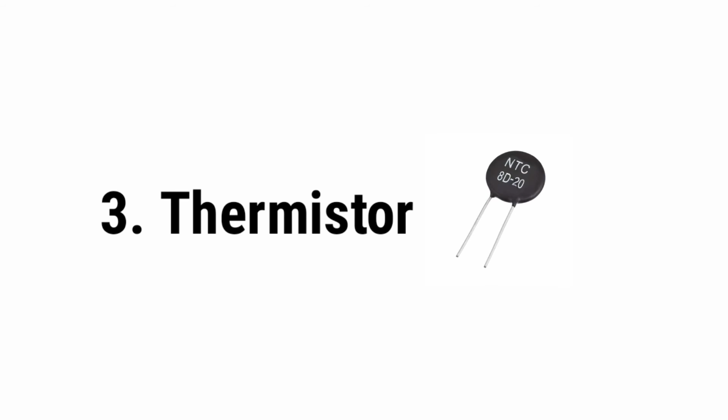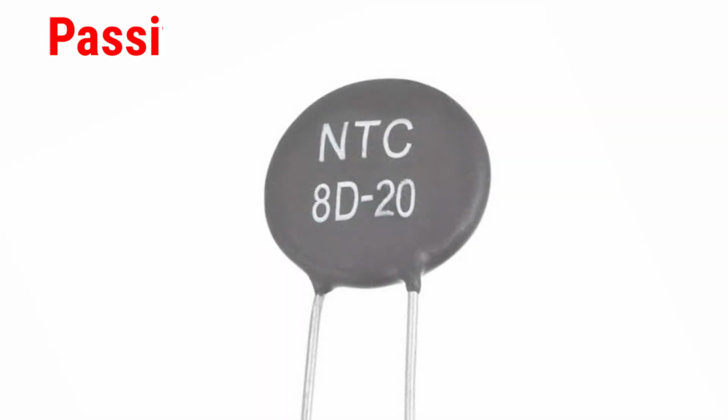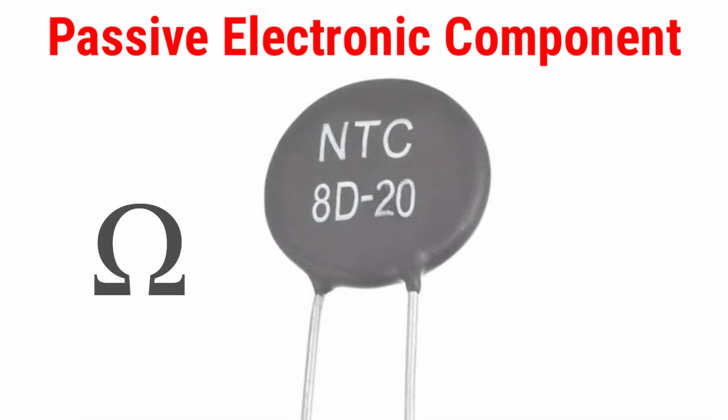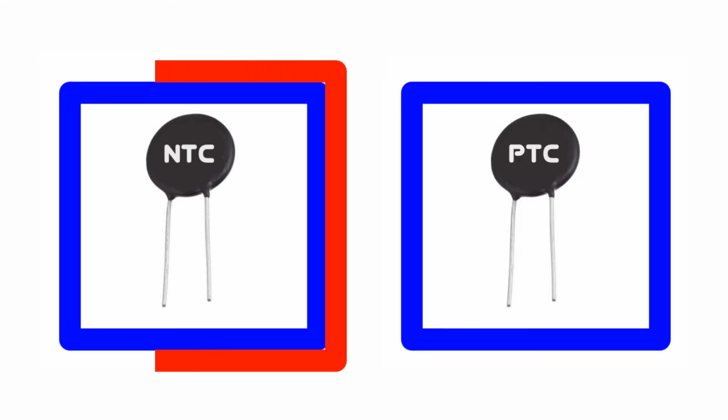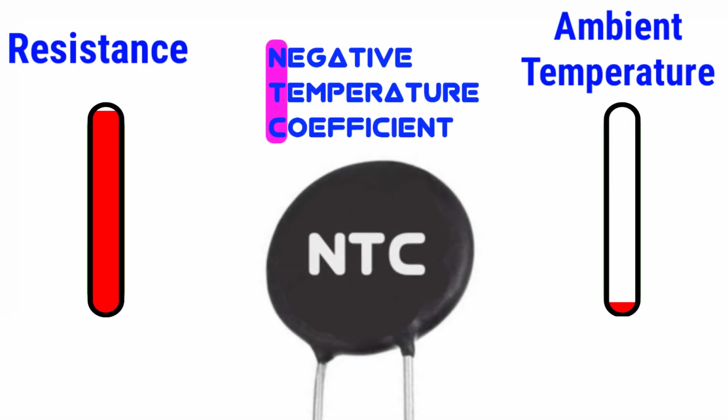Number 3, thermistor. A thermistor is a passive electronic component whose resistance depends on ambient temperature. There are 2 types of thermistors, NTC type and PTC type. Let's first have a look at NTC type. Resistance of an NTC thermistor is at maximum at low ambient temperature.